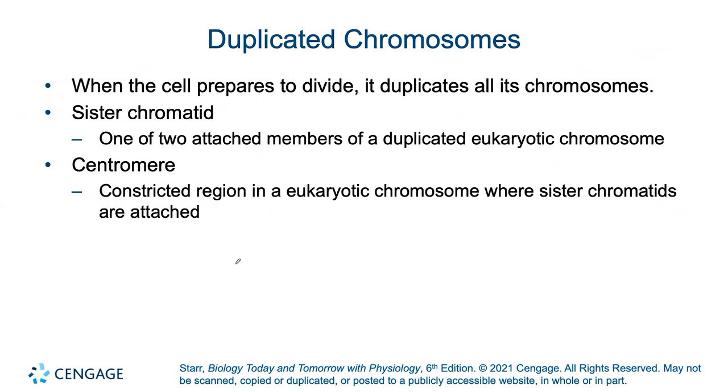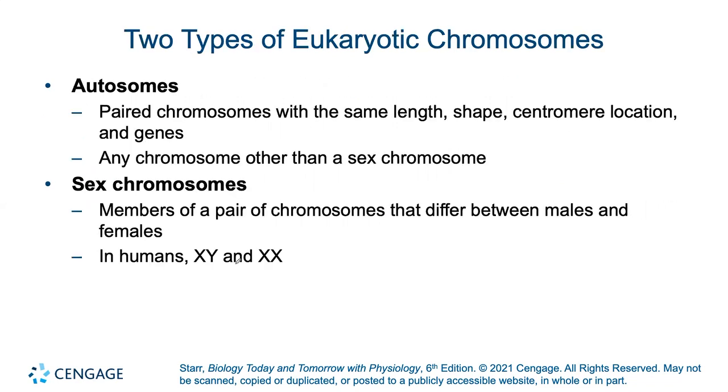When the cell prepares to divide, it duplicates all of its chromosomes. The sister chromatid is one of 2 attached members of a duplicated eukaryotic chromosome, and the centromere is where the attachment point occurs. Okay. We talked about the autosomes and the sex chromosomes, right? You have one set from your mom, one set from your dad.